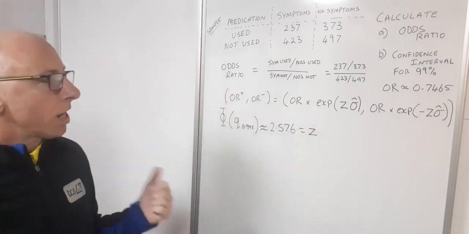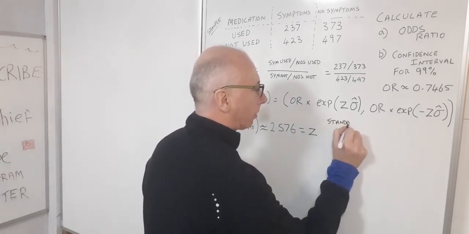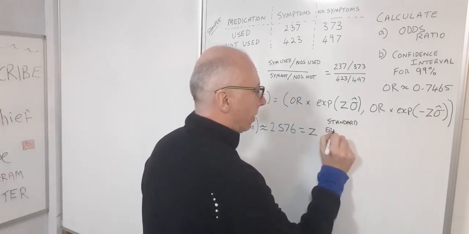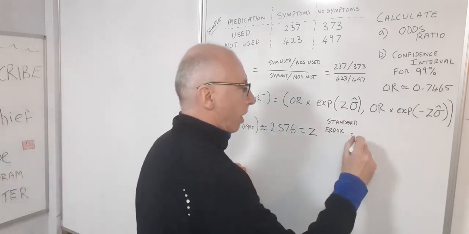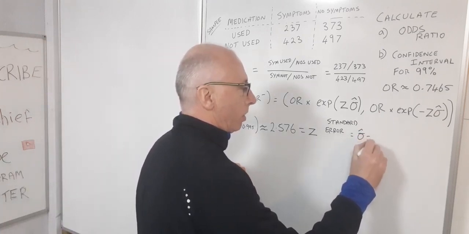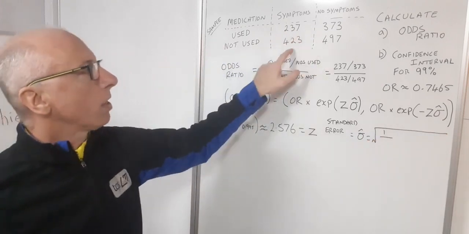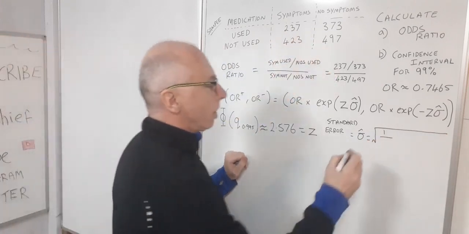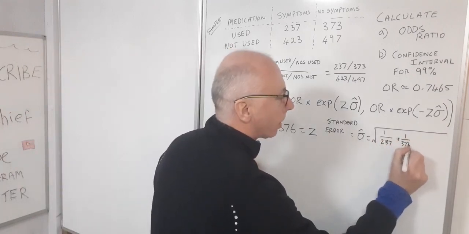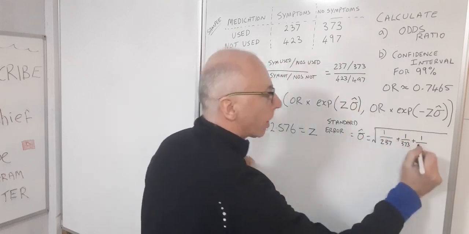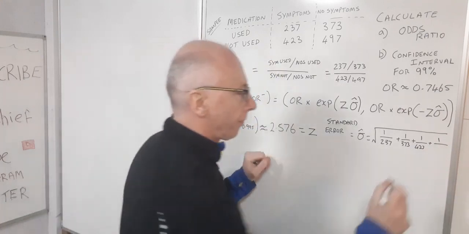And then we want our standard error. Now this is calculated using the square root function. So our standard error is the square root of 1 over all of these numbers in our contingency table: 1 over 237 plus 1 over 373 plus 1 over 423 plus 1 over 497.